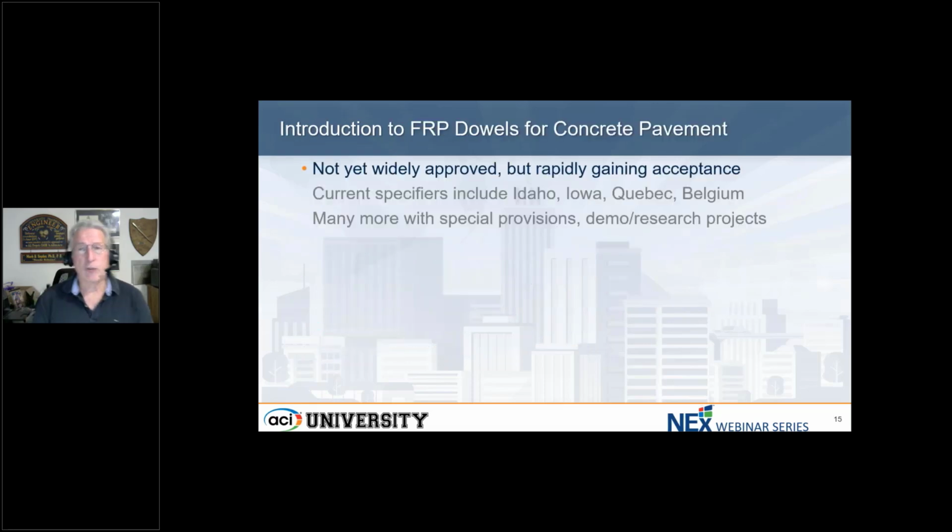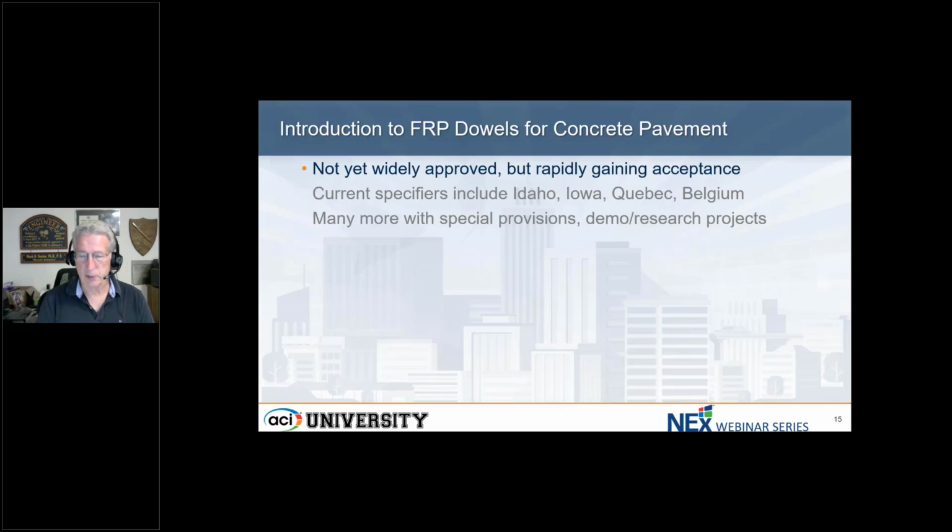So by way of an introduction, I would say that FRP dowels for concrete pavement are not yet widely approved, but they are very rapidly gaining acceptance. A review of the literature that I could find revealed only Idaho, Iowa, and Quebec as being states and provinces that currently have standard specifications on the books for using FRP dowels.